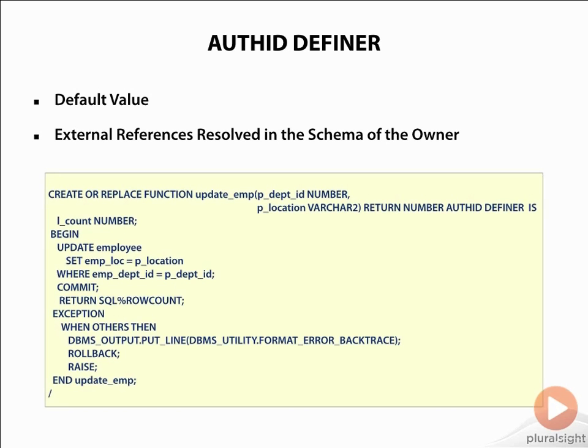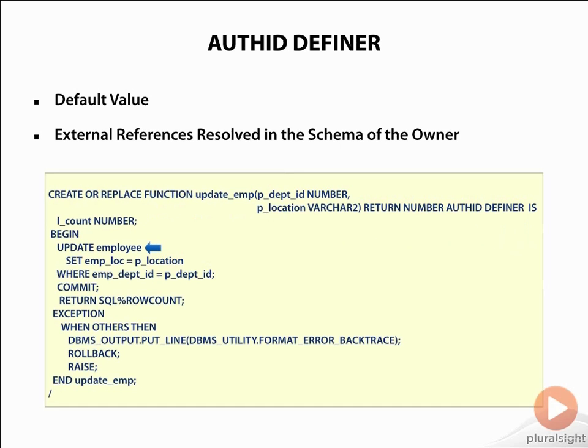So here is a function updateEMP declared as CREATE OR REPLACE FUNCTION updateEMP, which takes in pdptid, a number, and plocation, a VARCHAR2 input parameter. Then there is the AUTHID clause of AUTHID DEFINER followed by the IS keyword. It has a local variable lcount of type number.